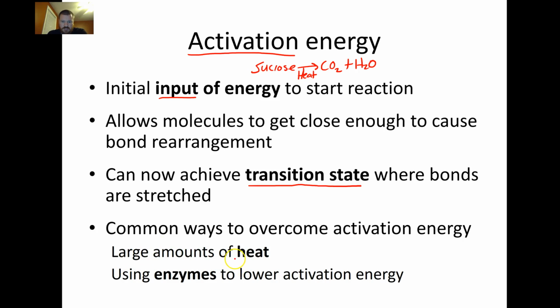But again, you can either use heat to do it, or you can use enzymes to do it, and enzymes just lower activation energies. As living organisms, this is the preferred way, right? Because you can't afford to heat your body up to the extreme temperatures it would take to break down sucrose without an enzyme present. So enzymes are essentially the way to go.